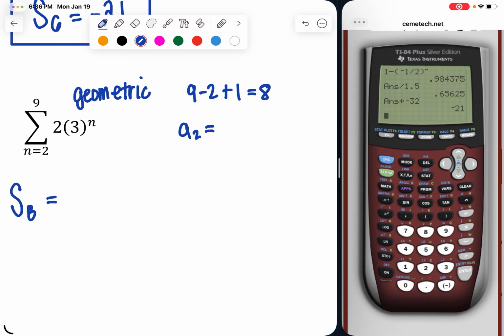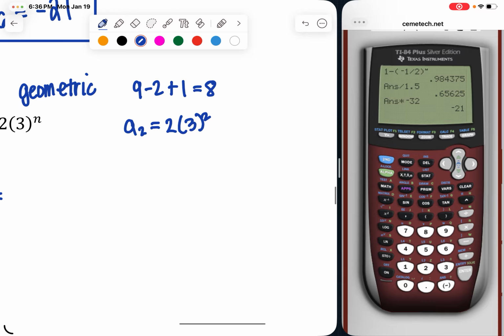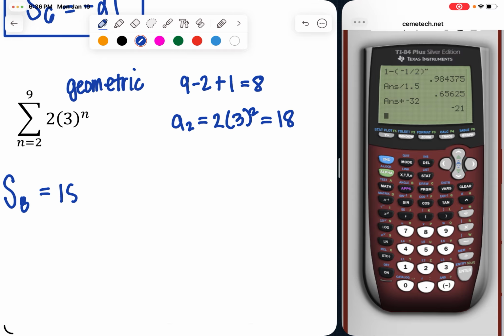So I'm finding the sum of 8 terms, which is equal to, I need my first term, which is a sub 2. So if I plug in 2 there, I got 2 times 3 squared. So 3 squared is 9. 9 times 2 is 18. So my first term is 18 times 1 minus my ratio, which is 3 to the 8th power, over 1 minus 3. All right, mental math first, negative 2.